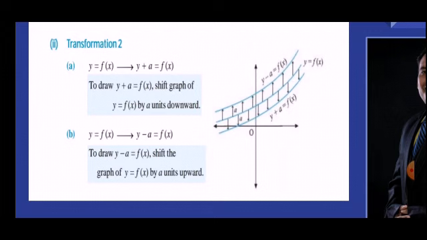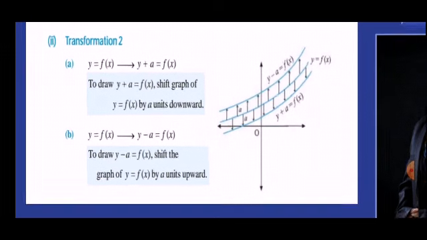But here, we have to make y equal to a plus f(x), which means y minus a equal to f(x). So if y plus a equal to f(x), then f(x) will go downward, as y plus a and y minus a are the same.